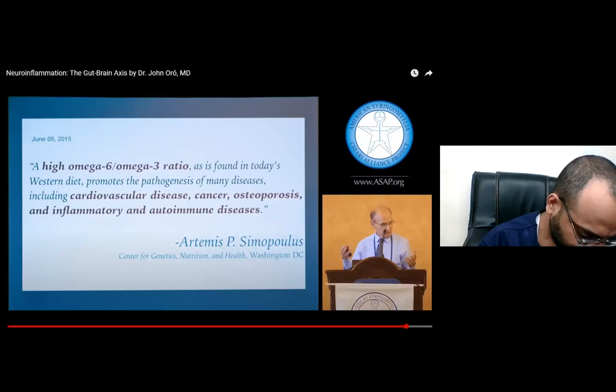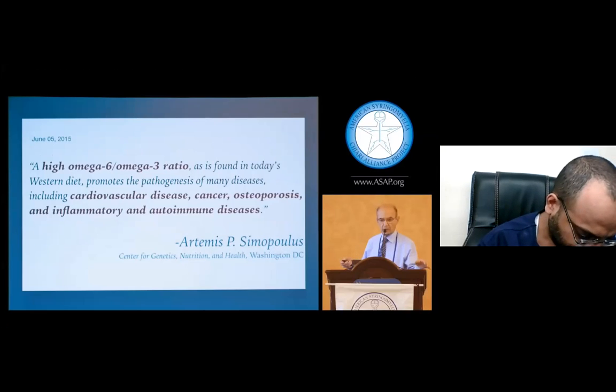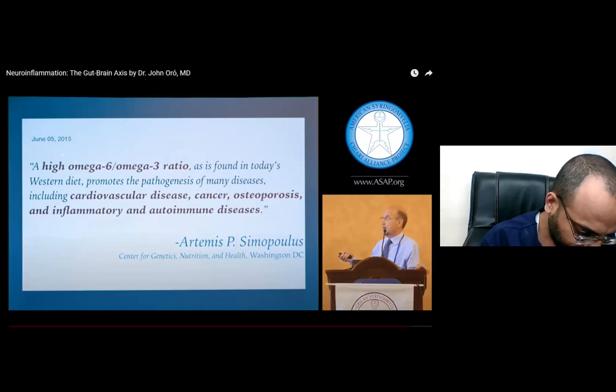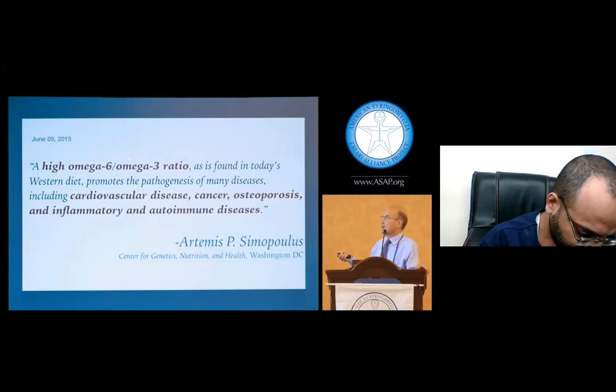Now, if you want one nugget to begin to think a little more about what we consume, look at the omega-3 to omega-6 ratio. Is the oil that you're using to cook, or the product you're consuming, high in omega-6? We need both of these fatty acids. Our brain does. But we need them in balance, roughly 1 to 1 if we can get them.